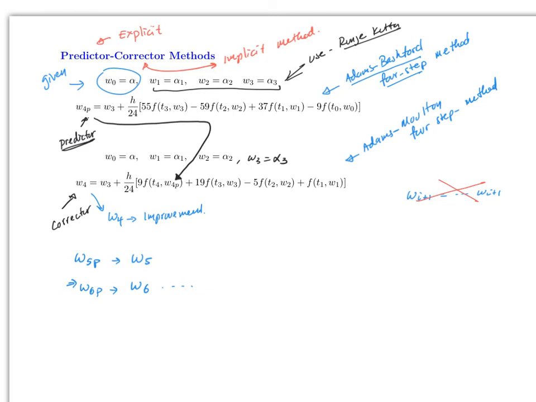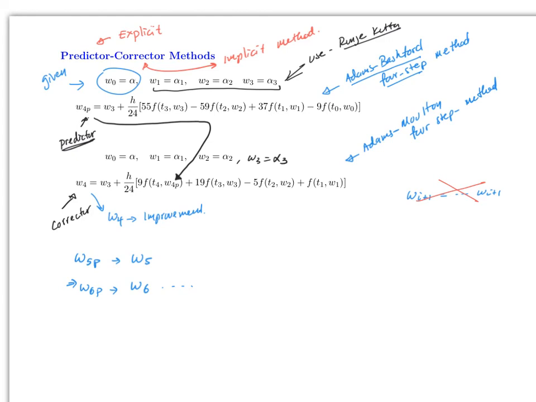Remember, I mentioned this at the beginning of the video. By itself, the Runge-Kutta method is actually better than the Adams-Bashforth or the Adams-Moulton by itself. But by doing this predictor-corrector technique, it actually outperforms the Runge-Kutta method.